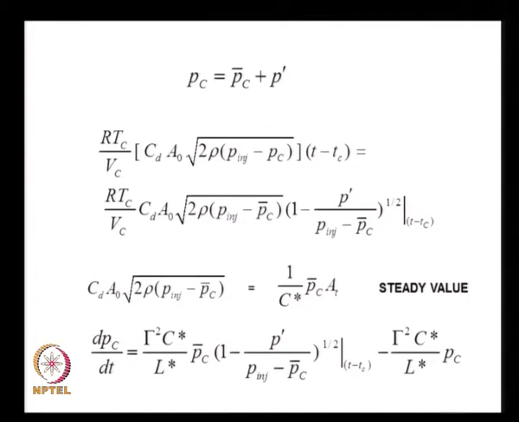We told ourselves we are interested in finding out whether the oscillations grow or decay, therefore we express the chamber pressure as the mean chamber pressure, that is Pc bar, plus the perturbation.